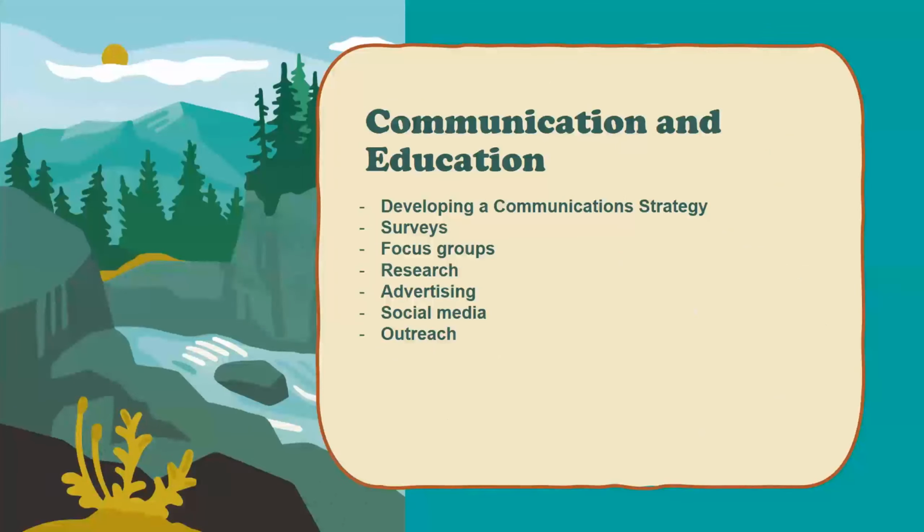This involves developing a communication strategy, several different types of surveys to gather information, working with focus groups to better understand people's values, doing research, some advertising in magazines, lots of social media, which you may have seen, and of course, outreach events like trade shows or meeting people out on the landscape.